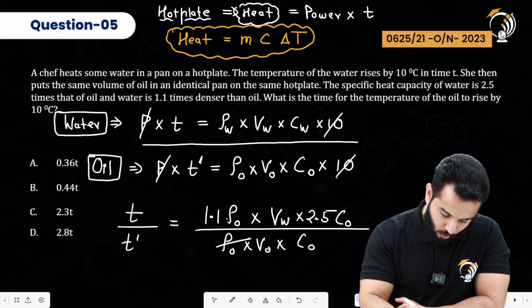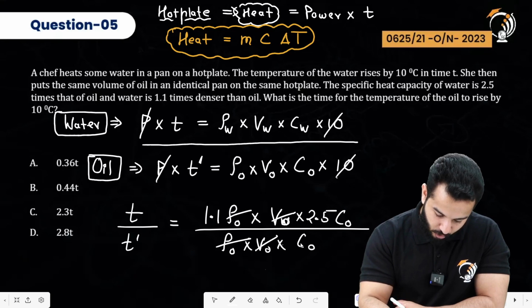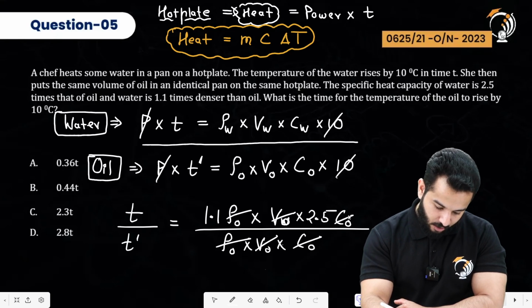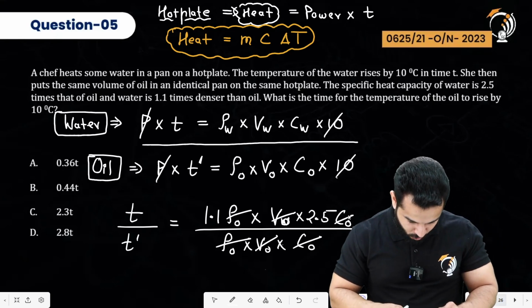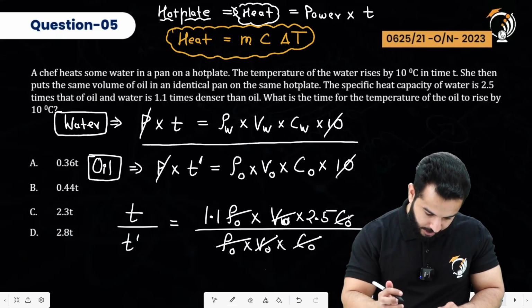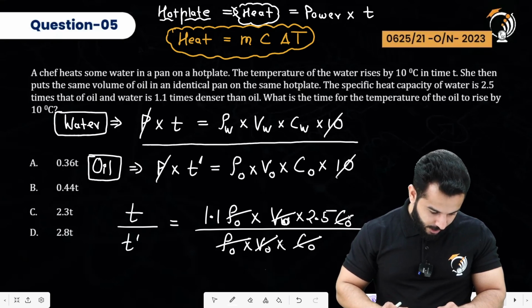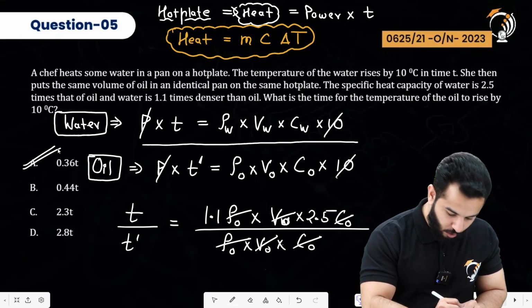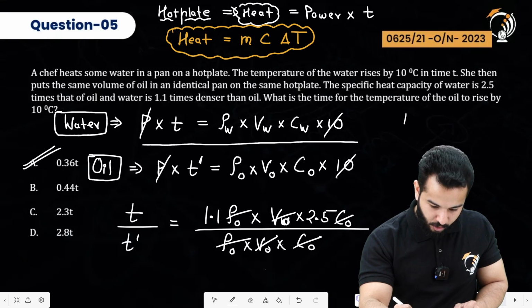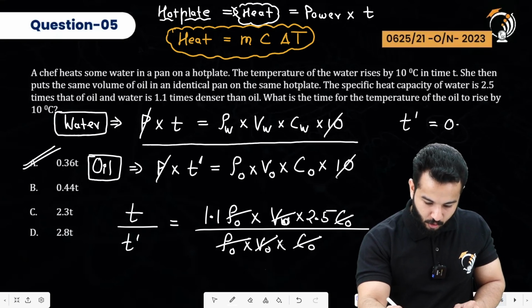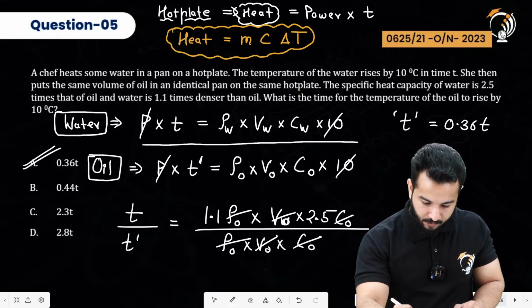We can cancel out all of these things one by one. The volume is the same, so that's what you're going to get. The correct answer for this one is 0.36 times T. Obviously you can do your calculation, but this is what we are going to get. T dash will come out to be 0.36 times T.